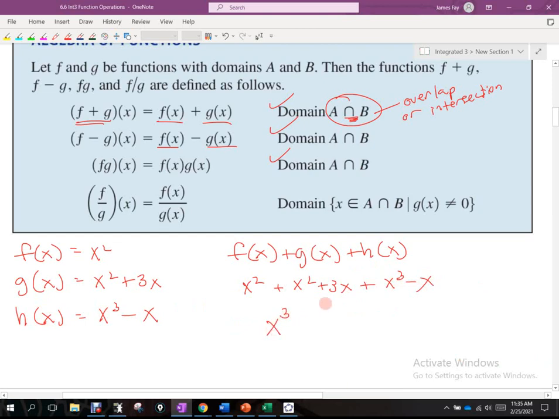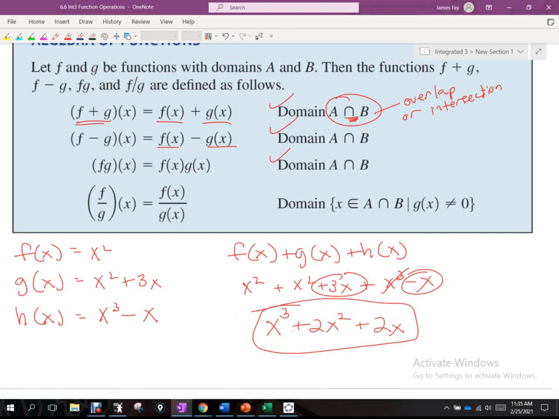So x cubed, and those are going to give me 2x squared, and I'll have another 2x, so I'll write it this way. I'm not worried about you guys being able to come up with that. That's what part of Math Excel will ask, is what is the sum of these 2 or 3 or 4 functions.